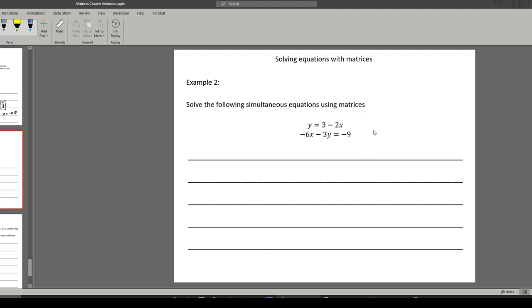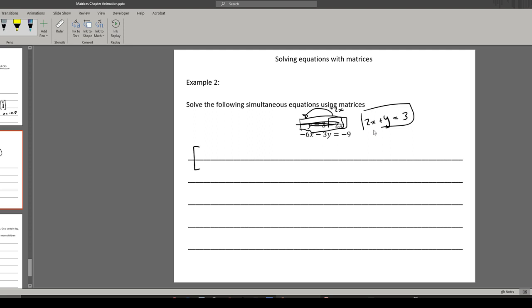2 equations, 2 unknowns. Thing we should note though, this is not in the standard form of equation. We've got variables on both sides. So let's fix that and turn this into 2x plus y. Okay, I've just moved the 2x over. So I'm going to use this one now. I'm not going to use that.